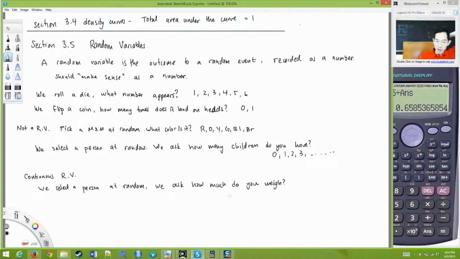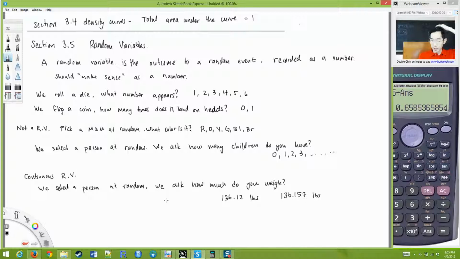It's continuous because someone could say I weigh 136.12 pounds, and someone else can say I weigh 136.157 pounds. For practical sense, we can say they're practically the same weight, but if we have accurate scales, these are different weights.